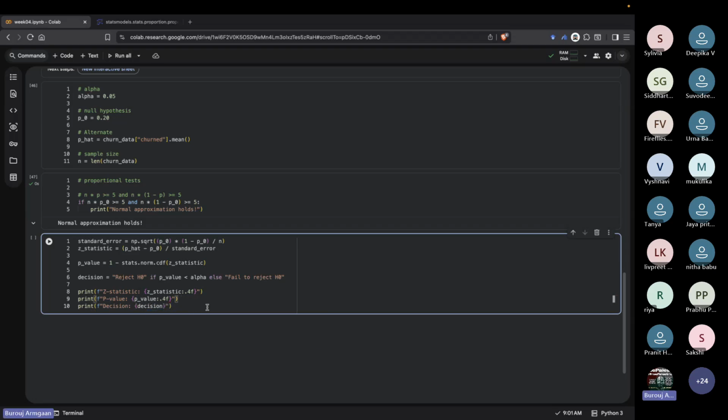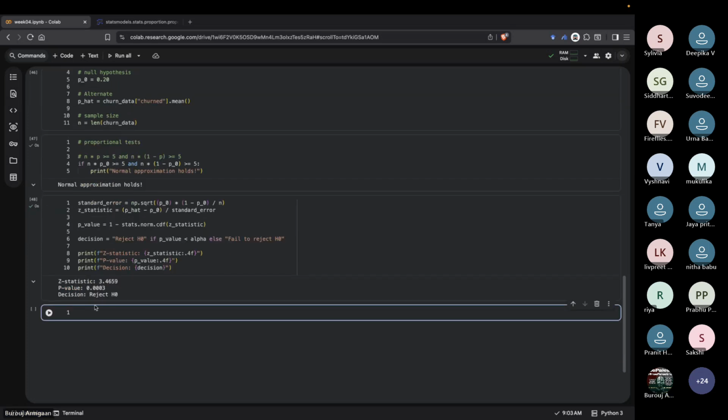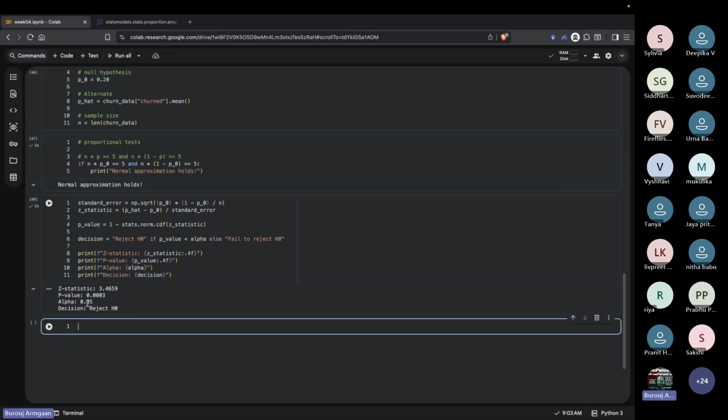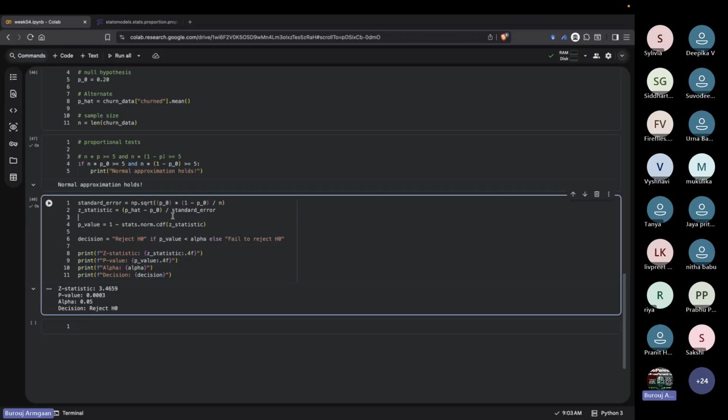Did we miss something? P-value decision. Yeah, so my z statistic is 3.46. My p-value came out to be this much. My alpha is 0.05. We could also print that part. Okay, so we can safely say that we can reject our null hypothesis.